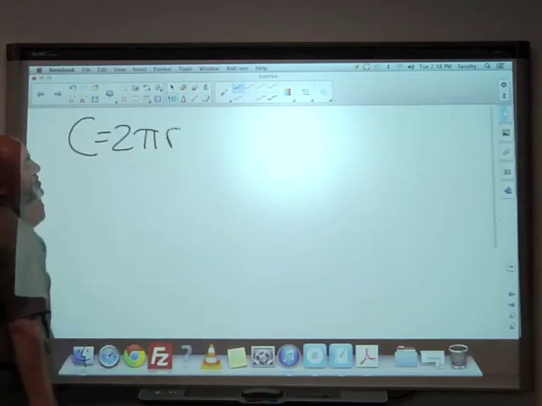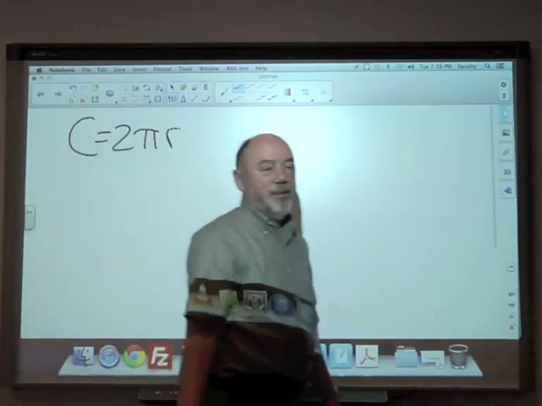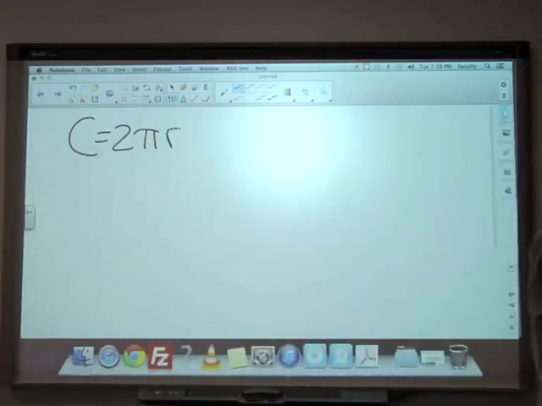What is circumference? The distance around the outside of a circle. It's basically the perimeter, it's just that for a circle we call it circumference.